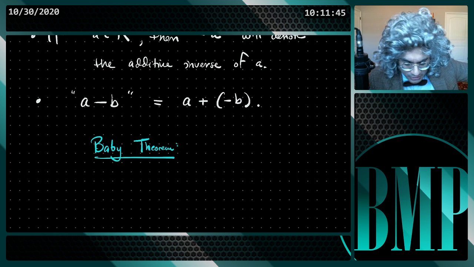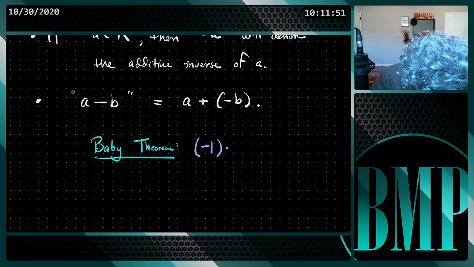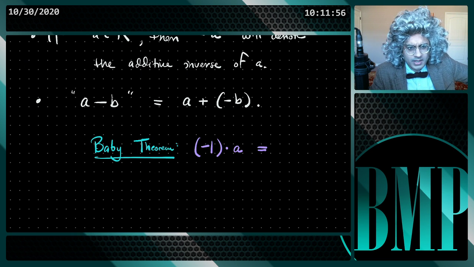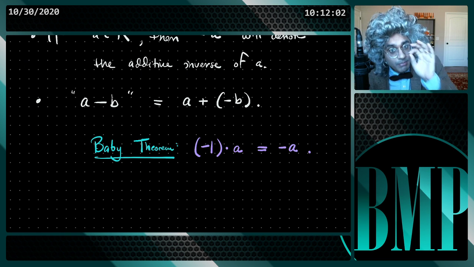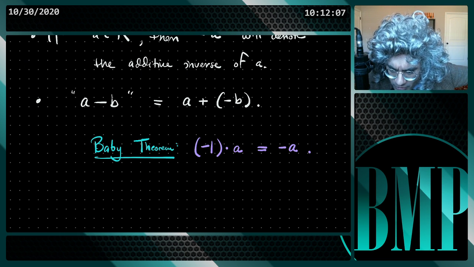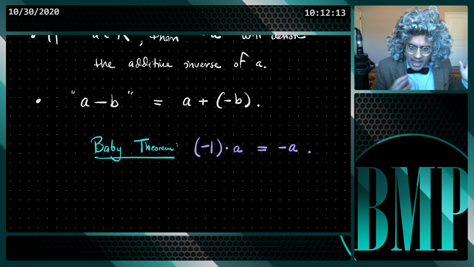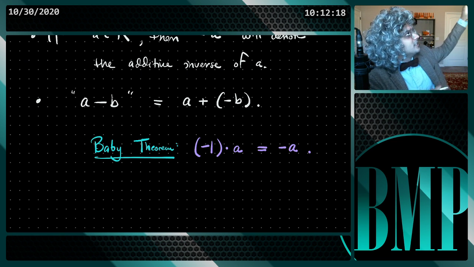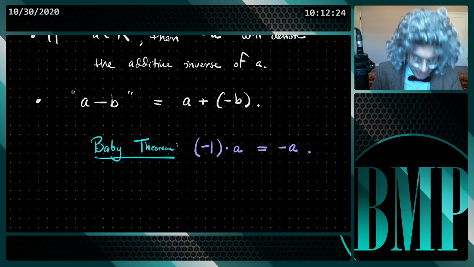Well, this baby theorem tells you: -1 times A is minus A. Thank you, Frightened Swan, for joining us, and 000 and Frosty. Wonderful, welcome. So there's a theorem. Have you ever wondered what multiplication by -1 does in an arbitrary ring? Well, it just does additive inverse.